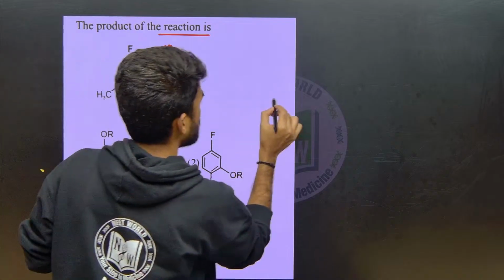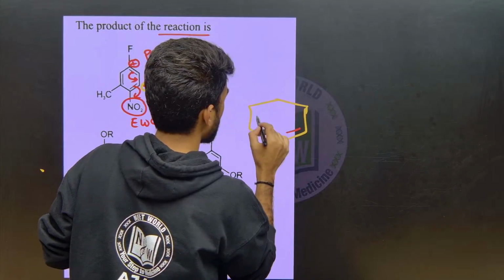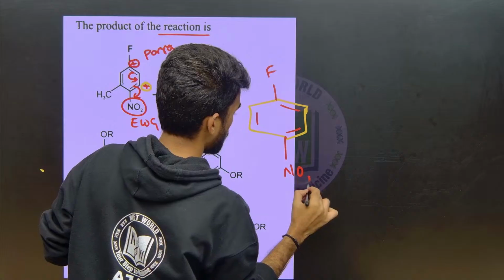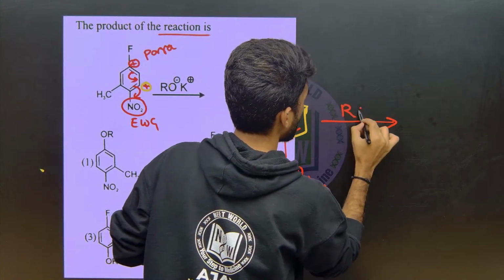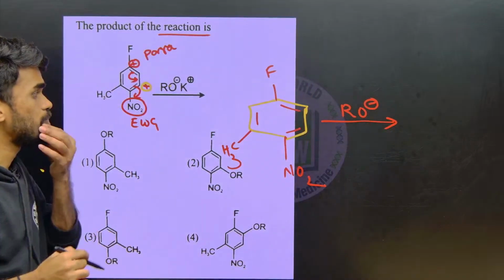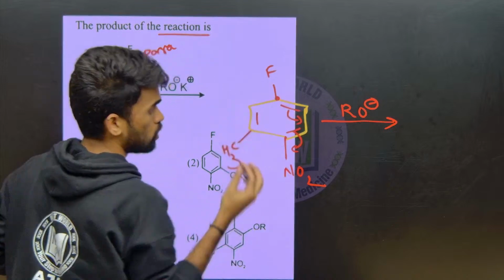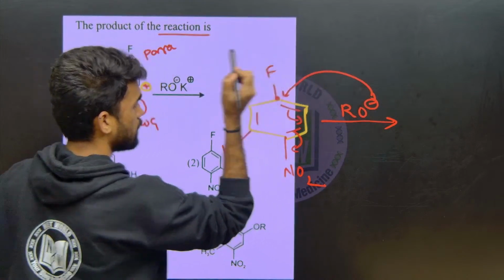See, I am taking the substrate once again here. Now it is creating positive charge at this position, I told you. So this nucleophile will now attack on this positively charged position here.